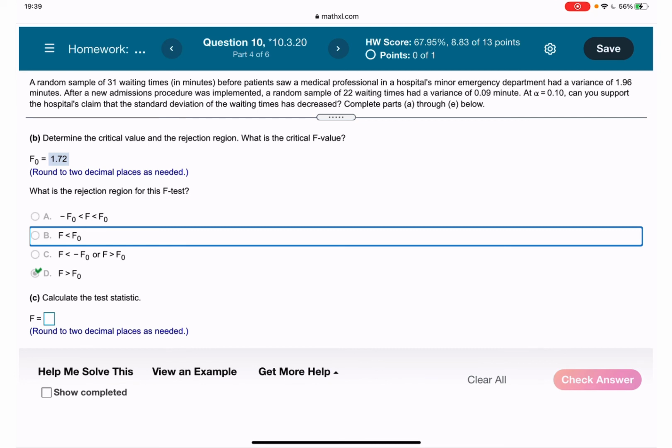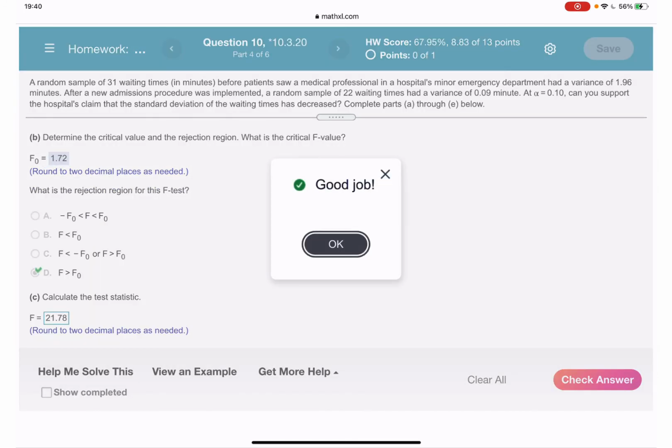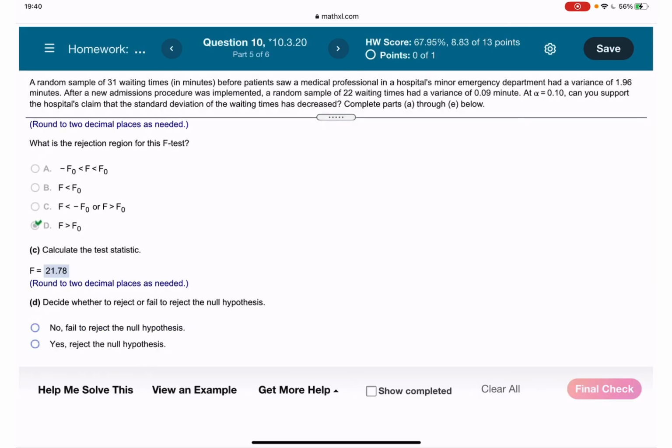That is too big. Let me see. Well, I'm curious, let's put it in there and see what's happening. 21, how many decimals? 2, so it's going to be 2178. Wow, okay. I thought it's too big, but evidently it's not.